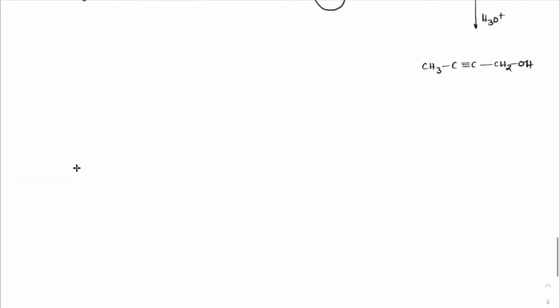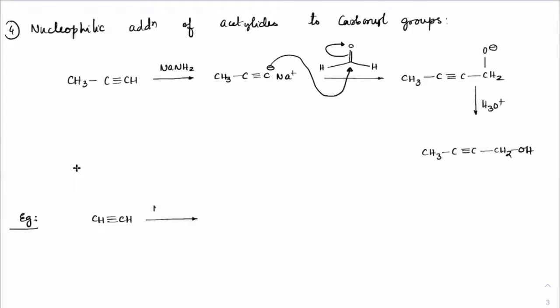So let us do one example based on this. Suppose it is given CH triple bond CH. Check out, if we treat that with 1 mole of NaNH2, what do we get? I'm taking only one equivalent. So we'll get CH triple bond C minus Na plus.